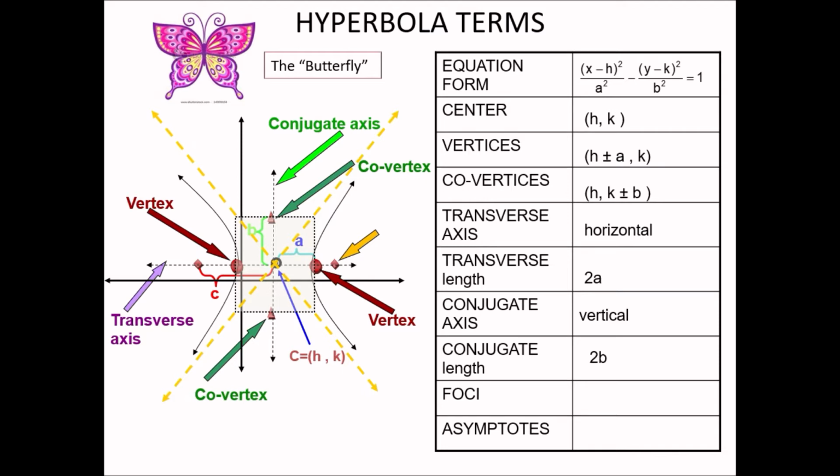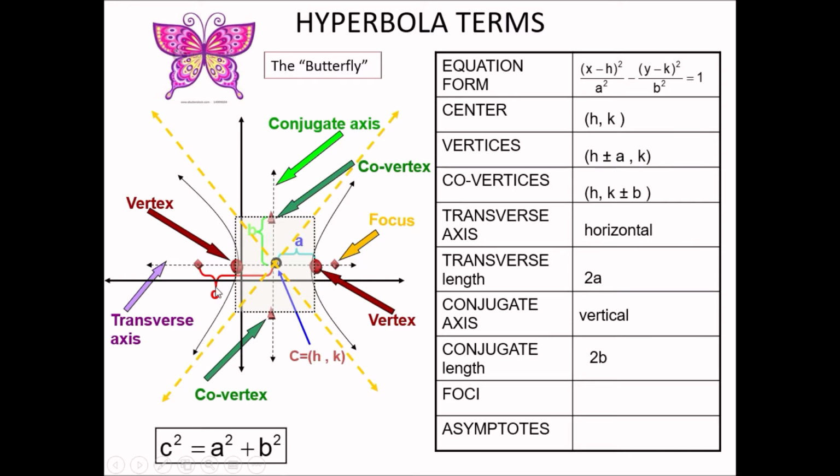Now, let's proceed to foci. Foci, ito yung tinatawag nating focus, right? Ang foci, ito yung points na katabi ng vertex. So, we have here and there. So, yung distance from foci to center, that is c.